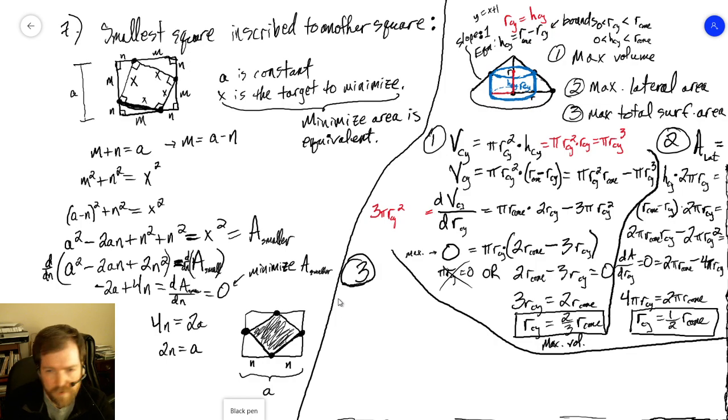So let's try it again. This is the total area for the cylinder. It's going to be equal to 2 pi r cylinder squared plus lateral area, which we had in the previous one, was height of the cylinder times 2 pi r cylinder.